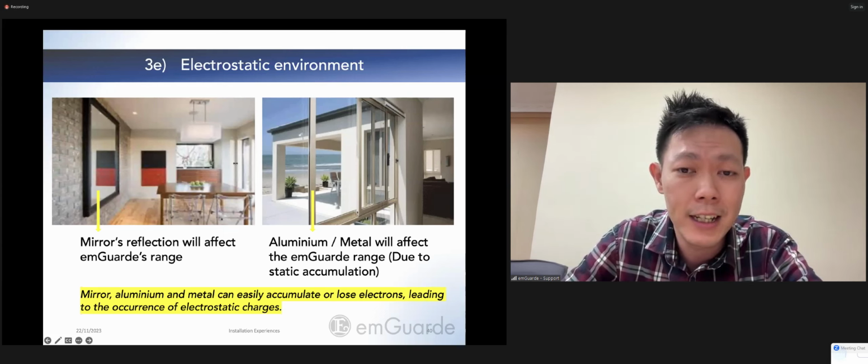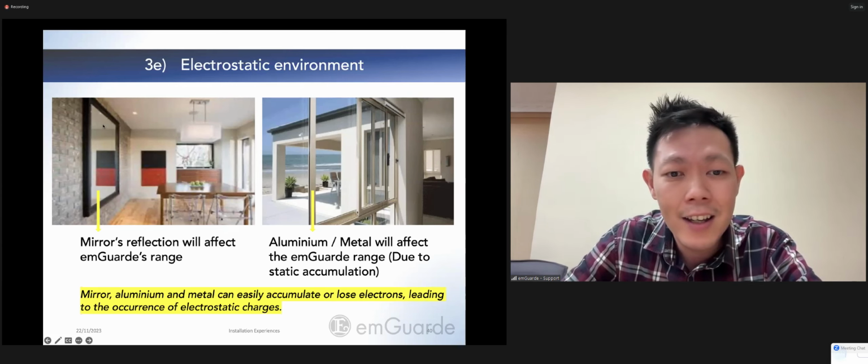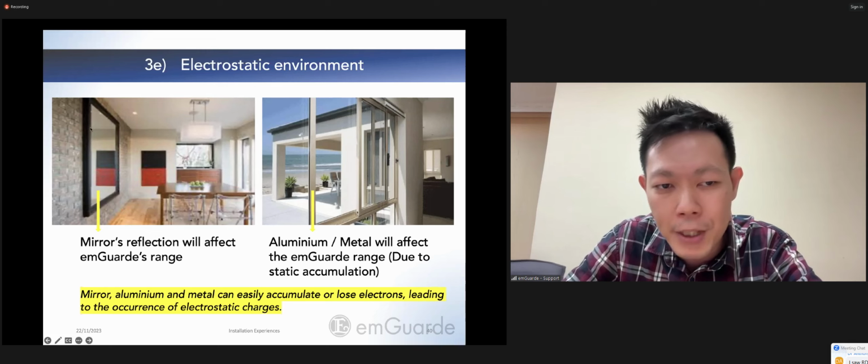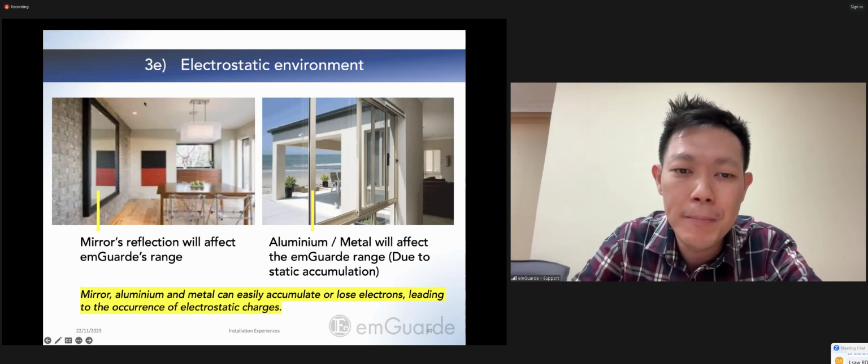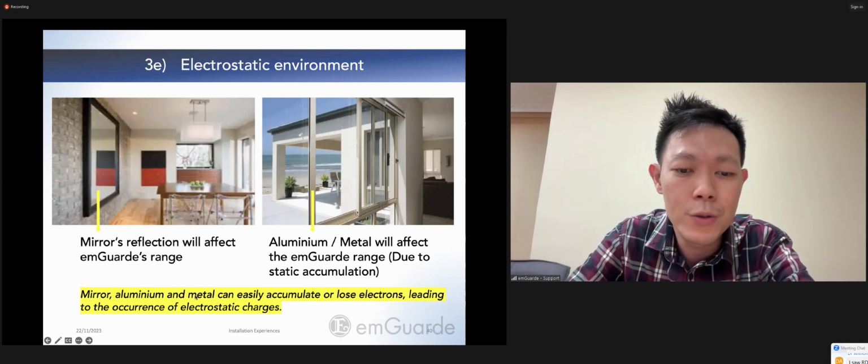So meaning that if I put the emGuarde on the table, and the mirror behind has a huge metal or aluminum plate, it will affect the range also. So it will not penetrate. It's due to the accumulation of electrostatic charge.